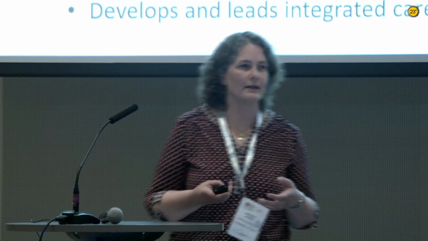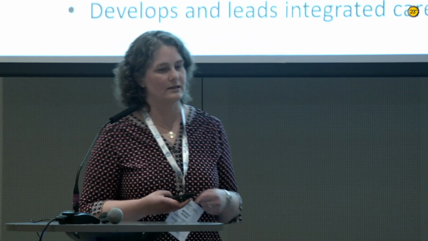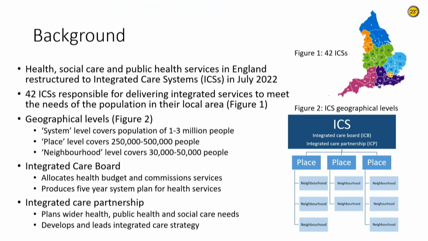So just to give you a little bit of background and what these structures are, the whole health and social care and public health system has been restructured in England last year. So this was imposed on all the local areas. It only affects England, not the rest of the UK. And these 42 ICSs have been created, as you can see on the map.